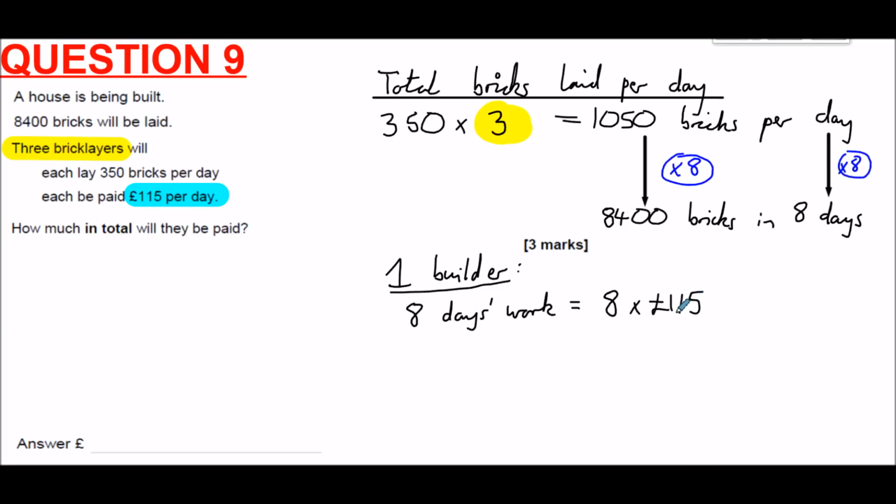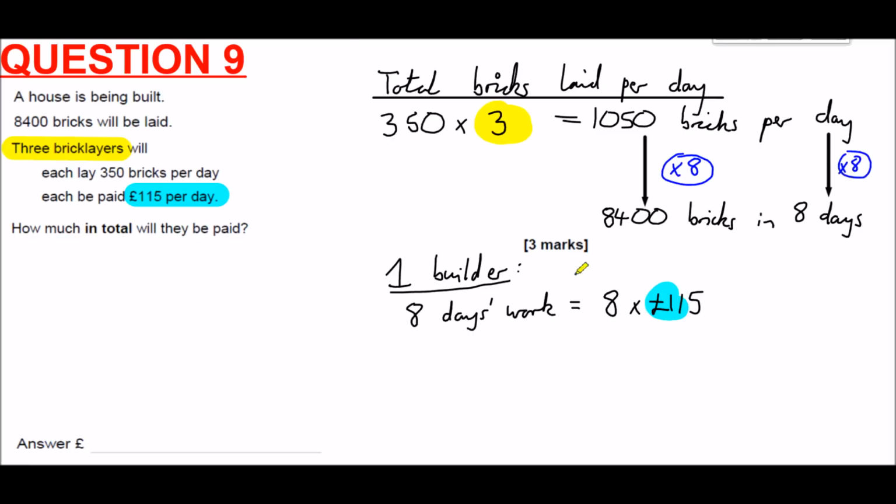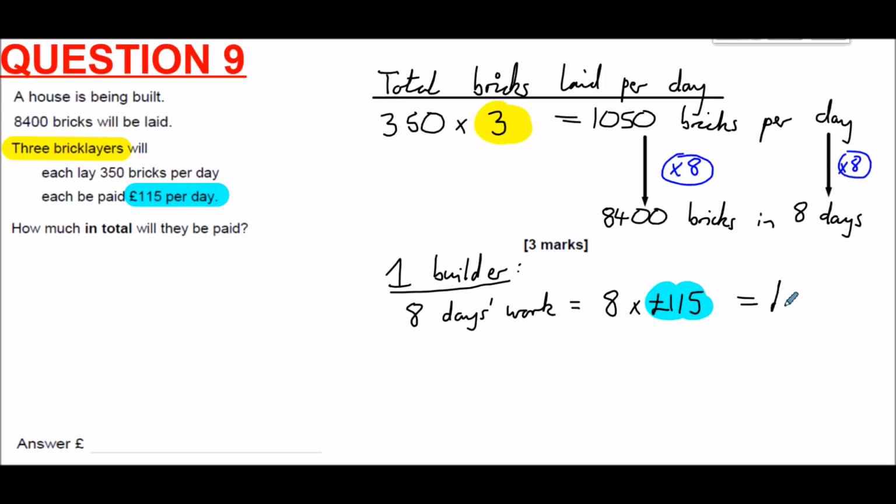So it'd be 8 multiplied by 115. Which comes to a total of £920.